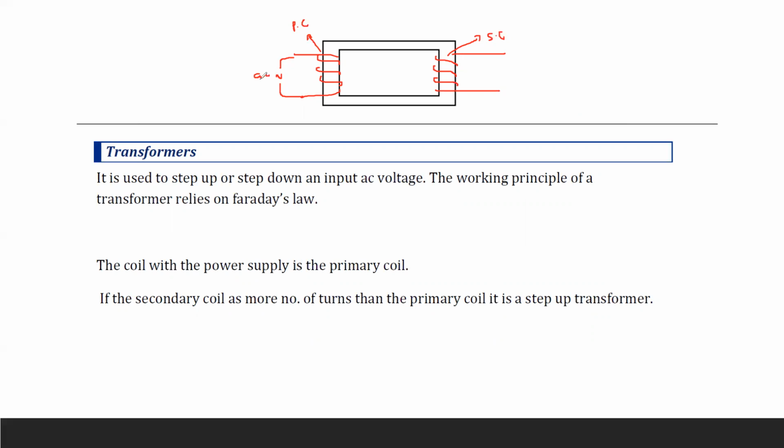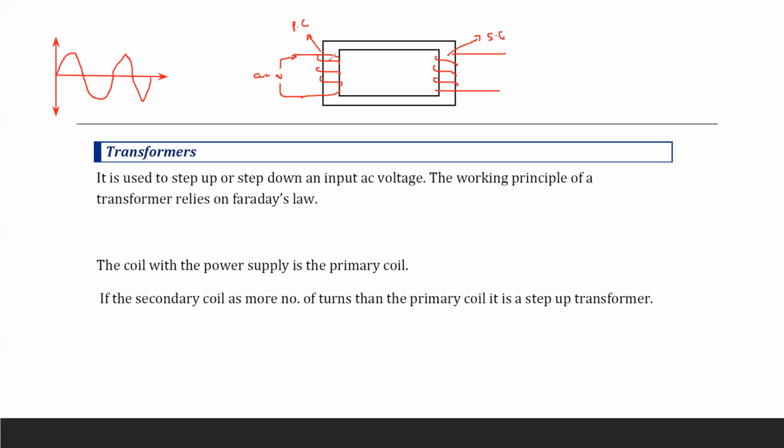We have an AC input. The characteristic of AC input is that it is continuously changing its magnitude and direction. So current increases, then current decreases, then increases, decreases, and reverses direction. So there is a change in the magnetic field.